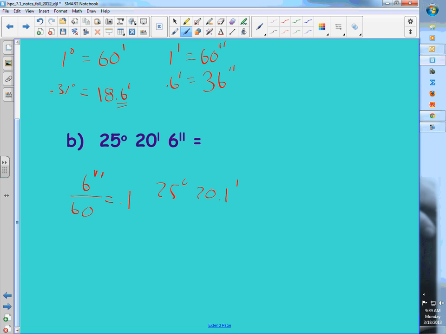How do we change the minutes to degrees? Divide by 60 again. So the 20.1 divided by 60. Is it exact or round? So you're going to have 25.335 degrees.